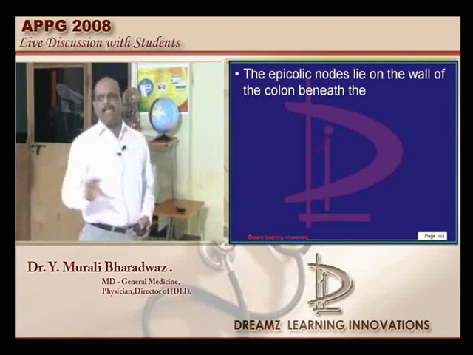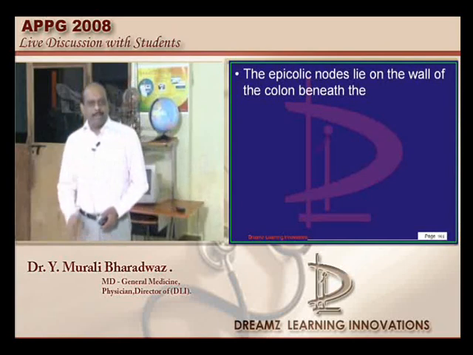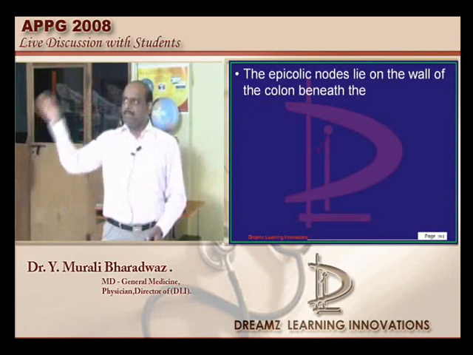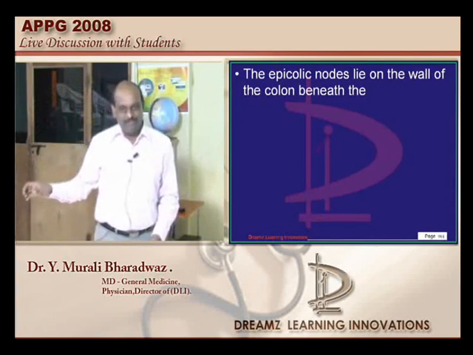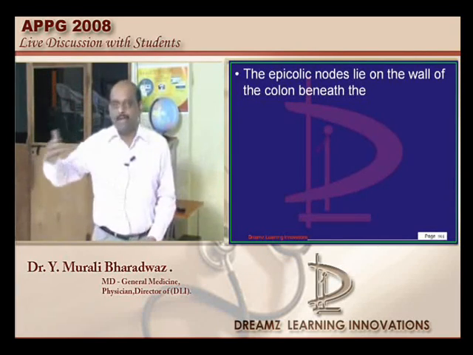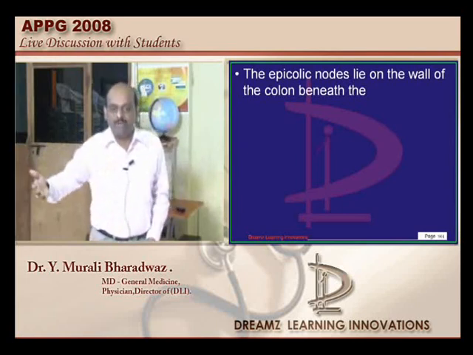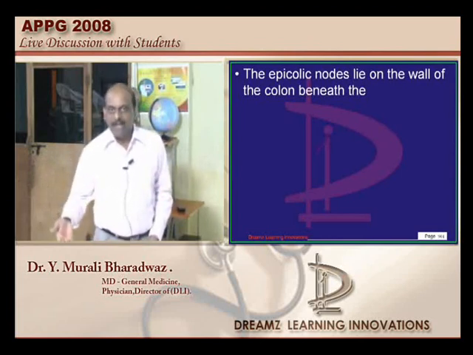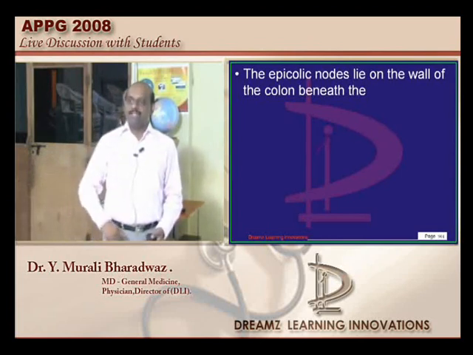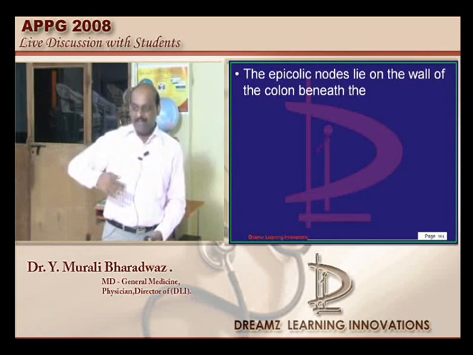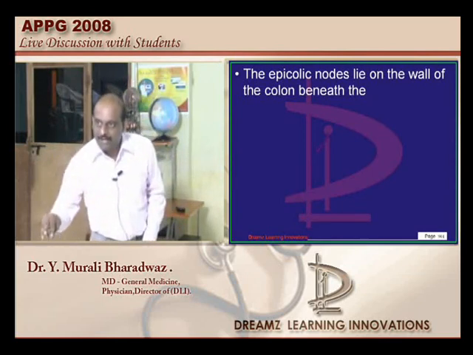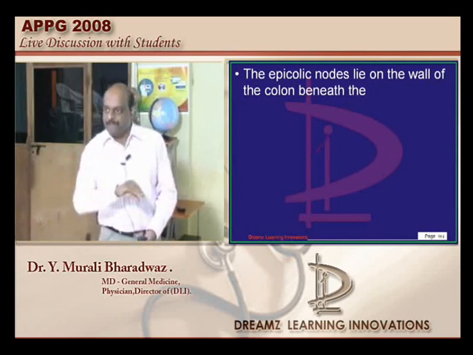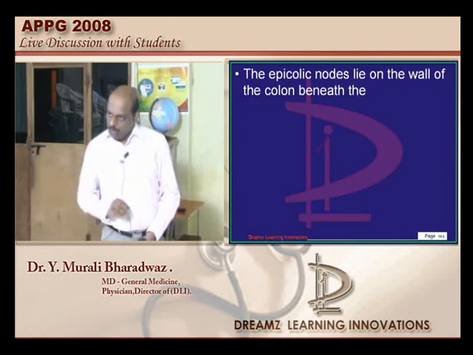So epicolic node, very rarely can people answer by studying in the book. Basically, doctor, if you remember your anatomy days, you have a colon. Colon has two ends, this end and that end. What is that end? The mesenteric side, the mesocolic side, and the side which is not where the mesocolon is attached. You have some lymph nodes on the mesocolic side called mesocolic nodes, and some lymph nodes directly on the wall of the colon which are called epicolic nodes.